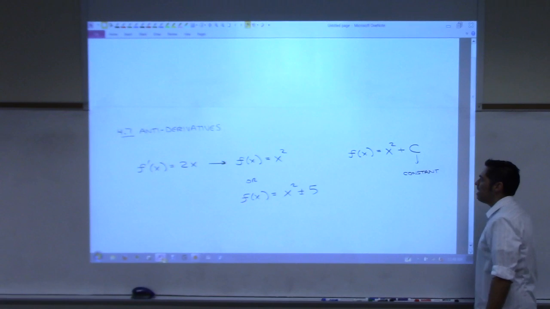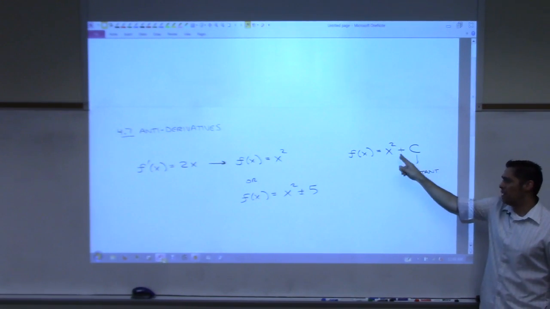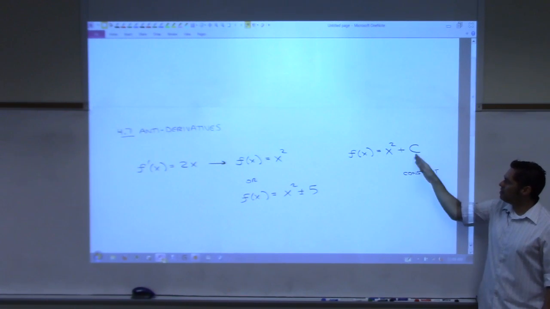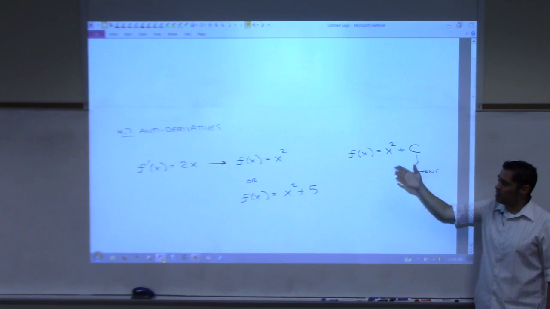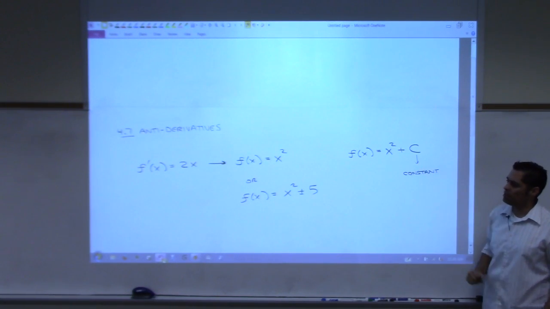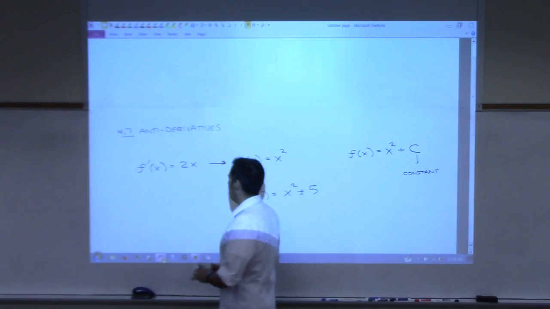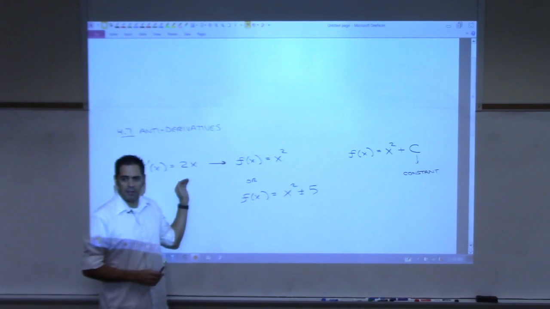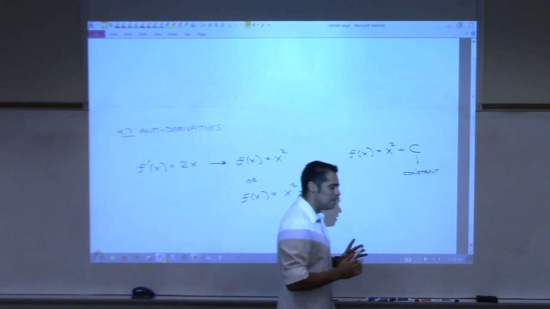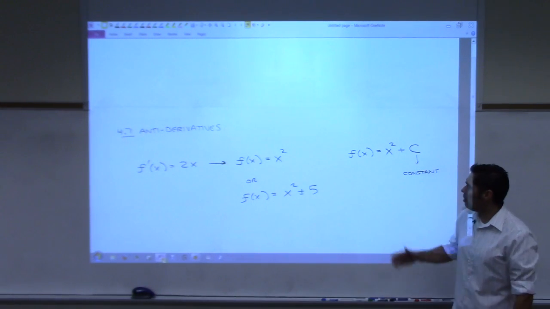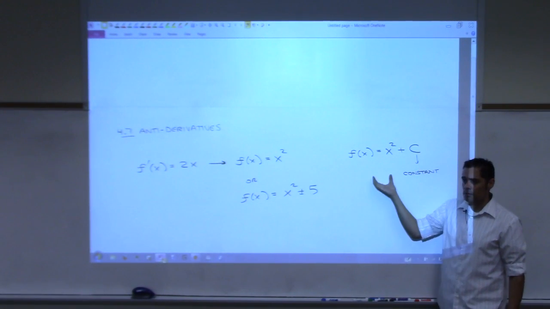So if you take x squared and add any constant you want to it, and the constant could be a negative number, which would make this subtraction, as long as it's a constant, a fixed number, then if I take the derivative of this, I get 2x, right? The derivative of the constant goes to 0. So there's actually an infinite number of answers to this, aren't there? There's an infinite number of answers, but they all have the same characteristics. In this case, they're all parabolas that have just been moved up or down.